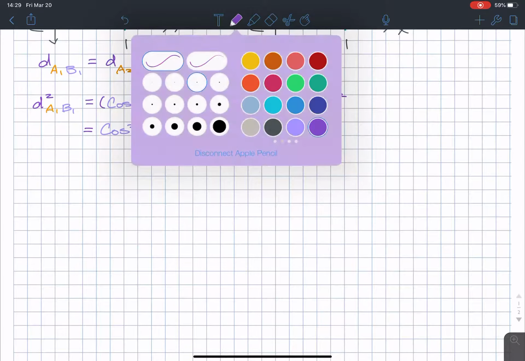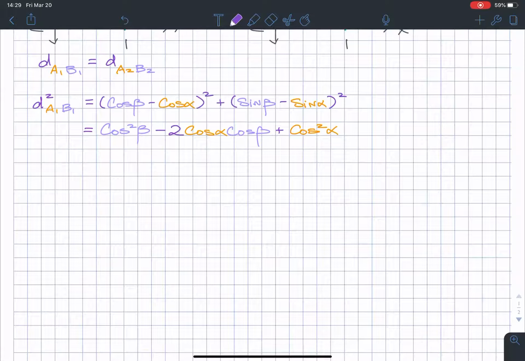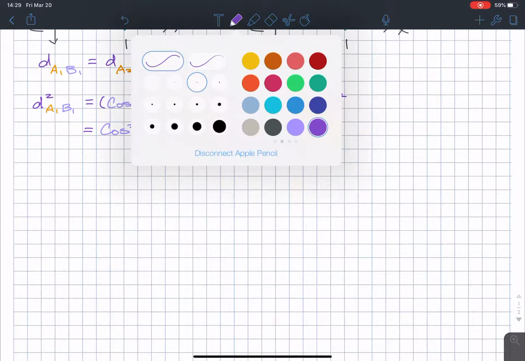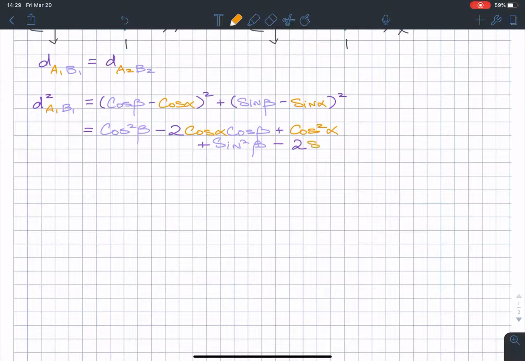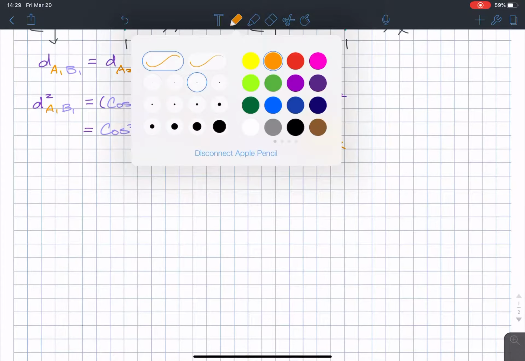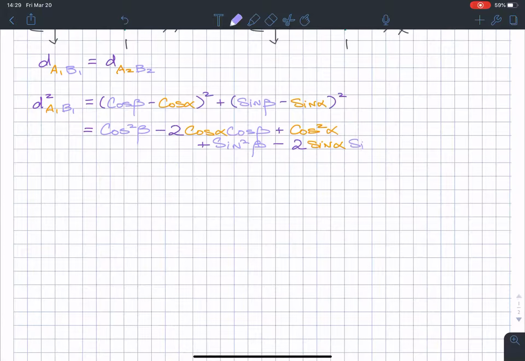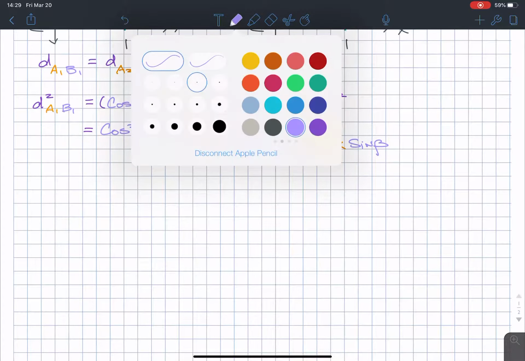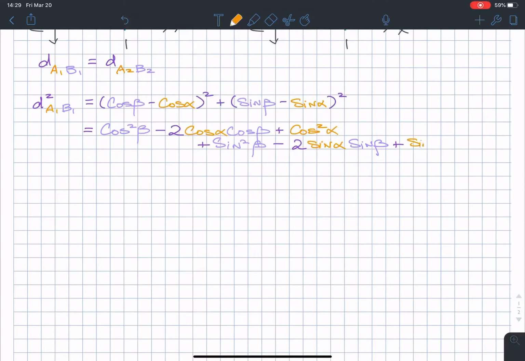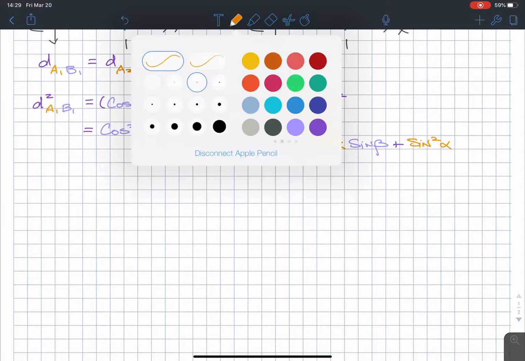And then I'm going to add to that the square of the second parenthetical, which is sine squared beta. Then minus twice the product of the second and the first, sine alpha, sine beta. And then plus the second guy squared, so plus sine squared alpha.